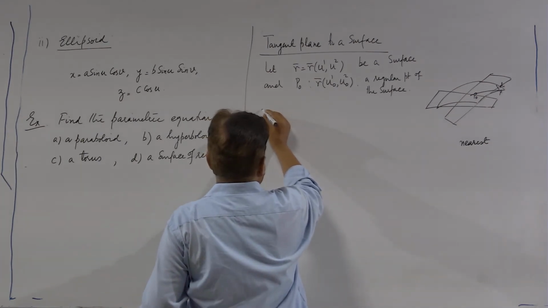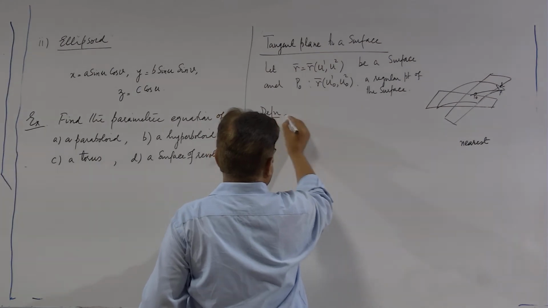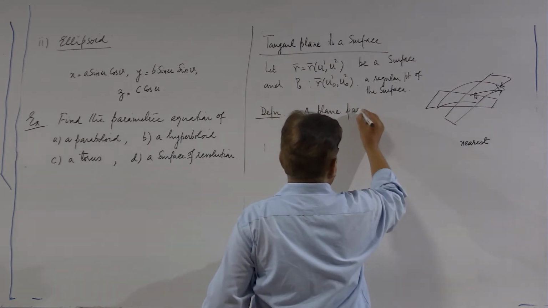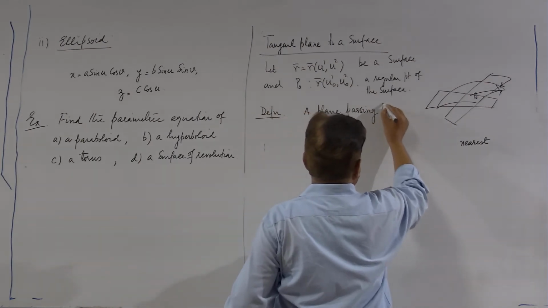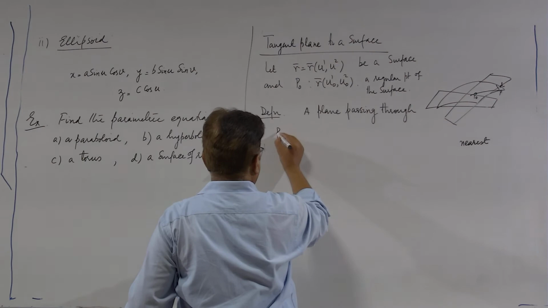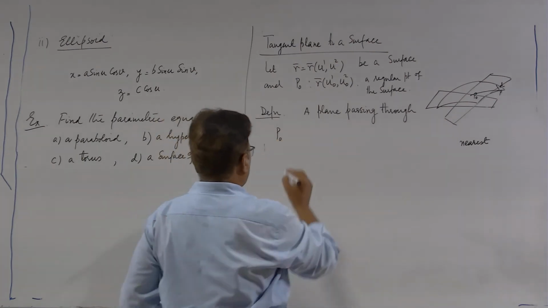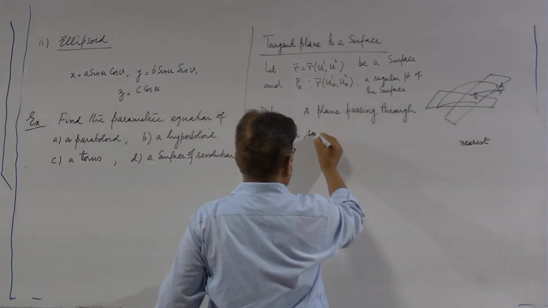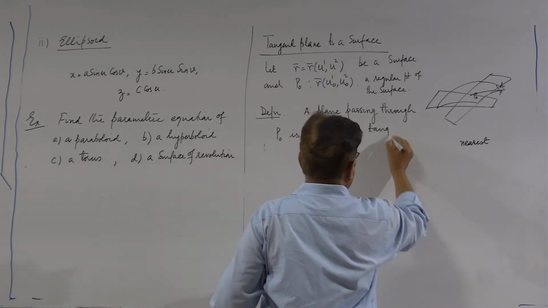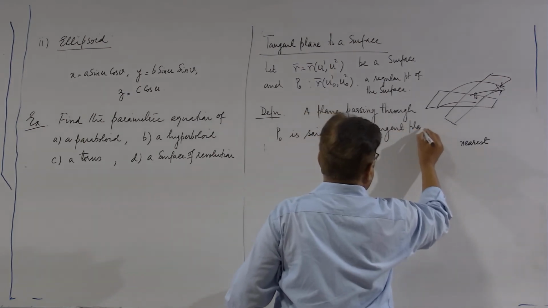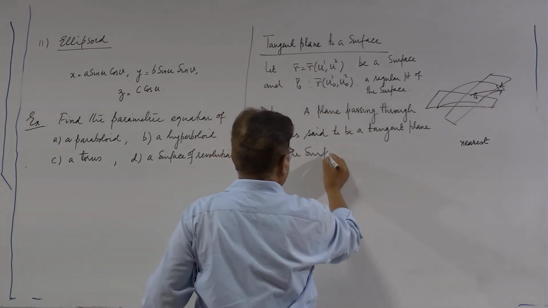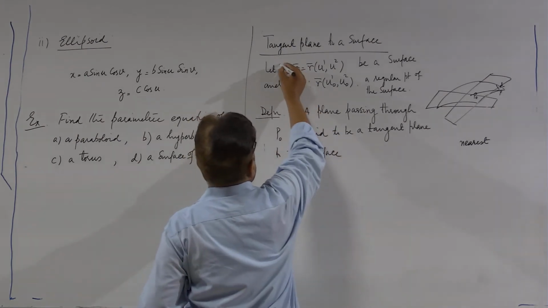A plane passing through P 0 is said to be a tangent plane to the surface, let me denote the surface by the symbol sigma.